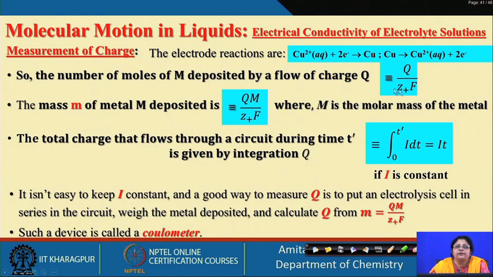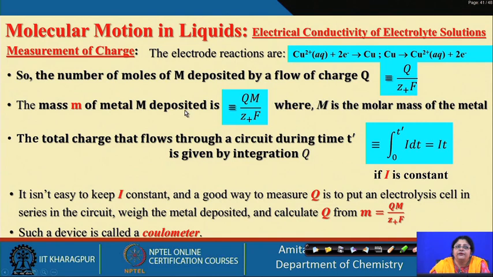If M is replaced by copper, this becomes Q by 2F.